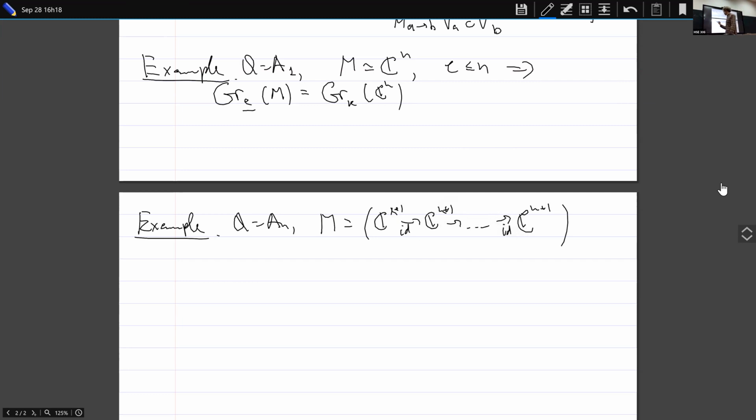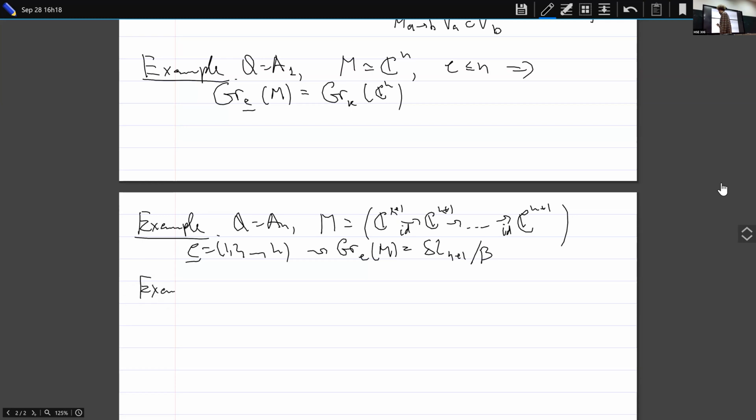And then e should be 1 up to n. And then the corresponding quiver Grassmannian is a variety. But in principle, the quiver Grassmannians are not that nice.